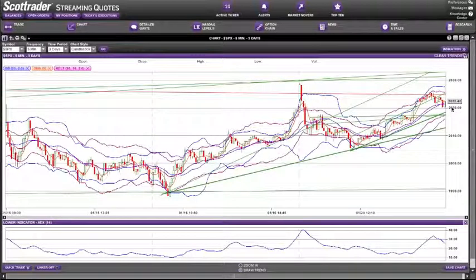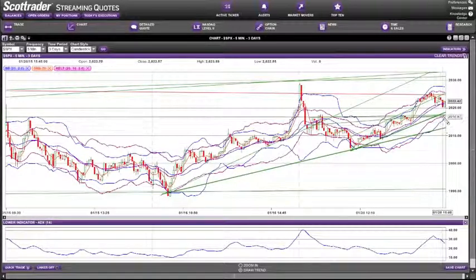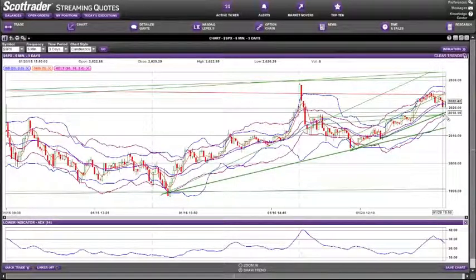And if that happens, I would look for this trend line to be tested. If it breaks as a retest, if we hit down here, if we get to that 2012 level tomorrow, we're looking for a retrace to the 2018, 2019 price range on the SPX.